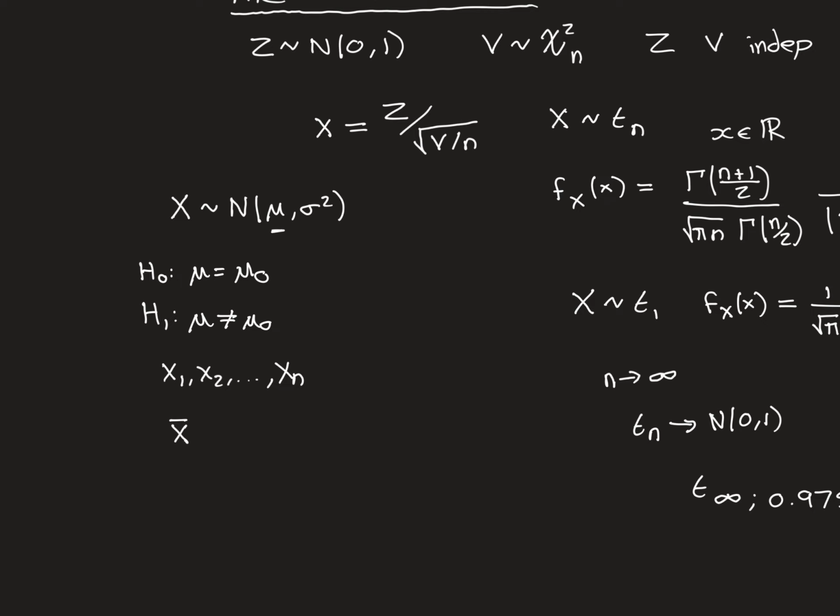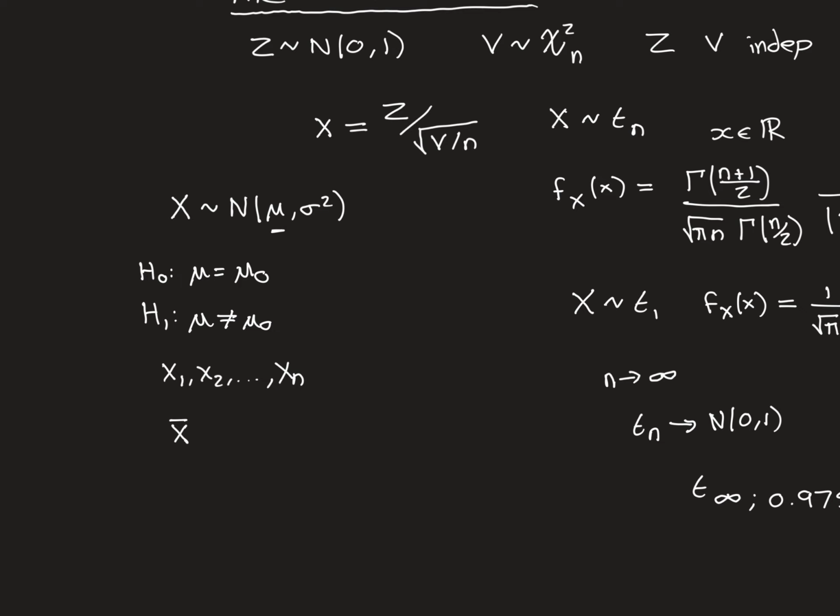So we're going to start with the assumption that the mean is indeed mu0. We're going to draw from our distribution, calculate the mean, and then if the mean is too far away from mu0, then we will reject the null hypothesis and accept the alternative hypothesis.